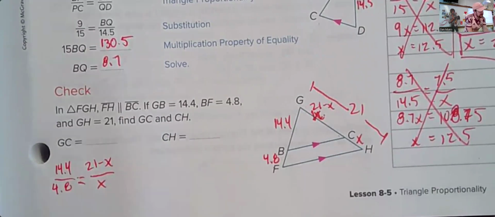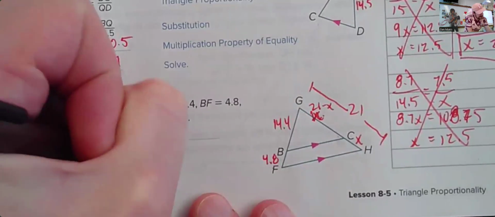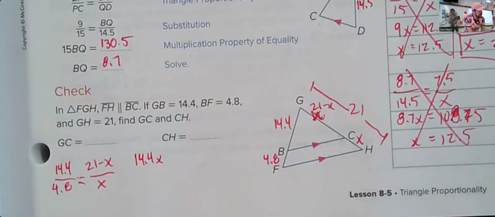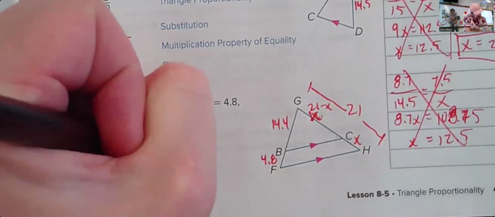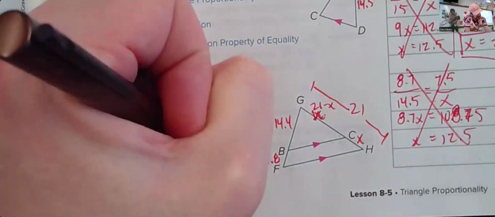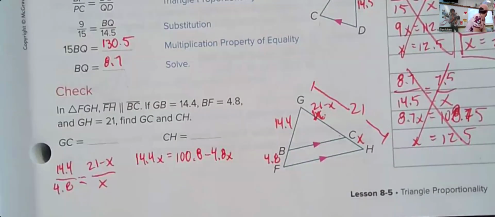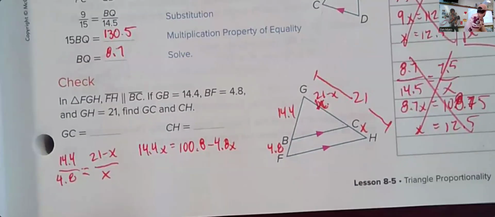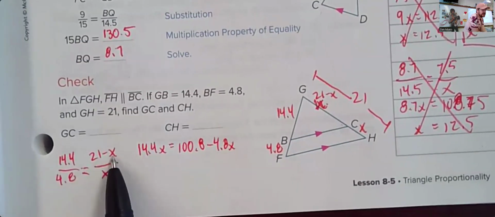Cross multiply. 14.4 times X is 14.4X. Then remember that when you multiply the 4.8 times the 21 minus X, you have to distribute it to the 21 and the minus X. So we're going to multiply 4.8 times 21, which is 100.8. So it equals 100.8 minus 4.8X, because we have to distribute the 4.8 to the 21 and the X since that's a group.